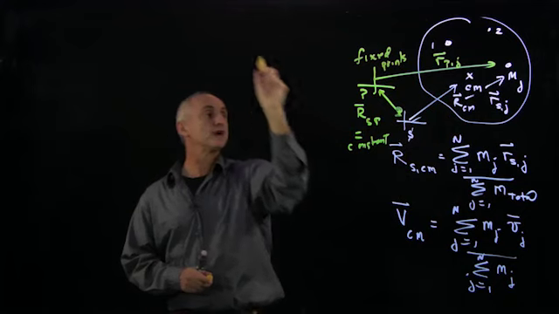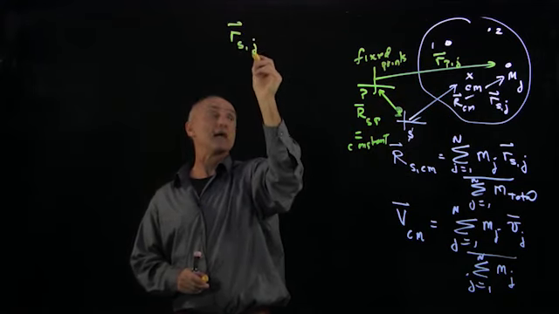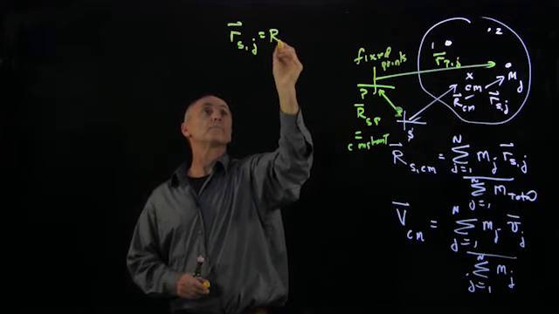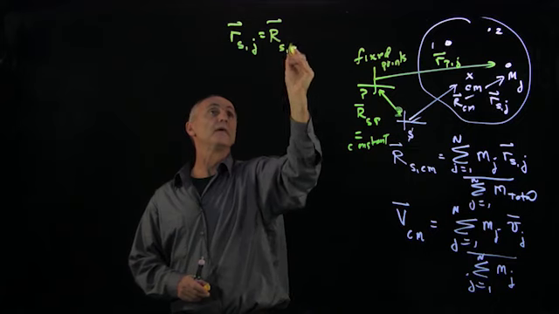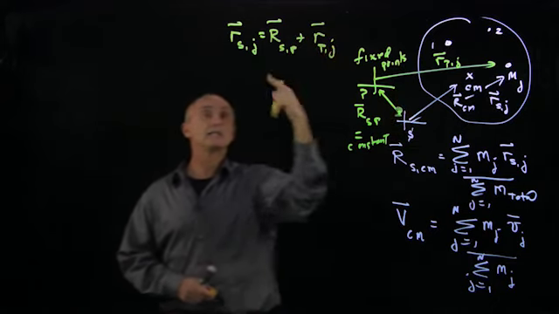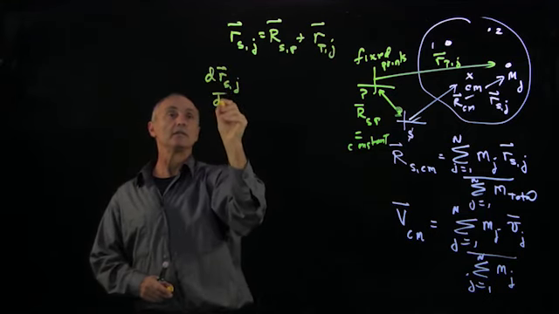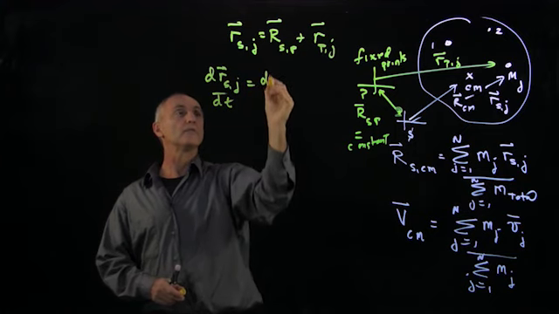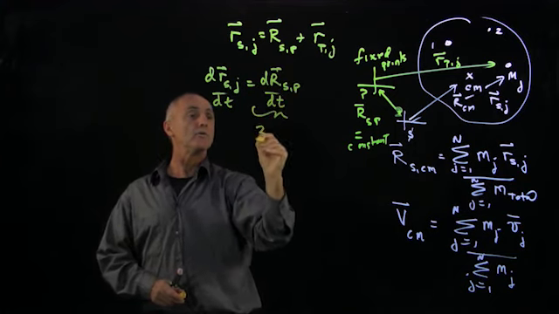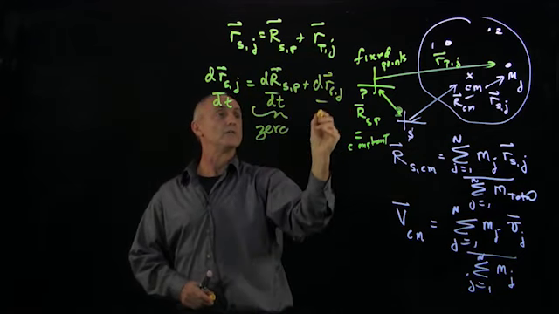Then if you were to draw your vector triangle, the position of the object with respect to s, that's this vector, is equal to that fixed position vector from s to p, plus the vector from p to j. And I differentiate this, dr_sj/dt. Well, this derivative of a constant vector is 0, plus dr_pj/dt.